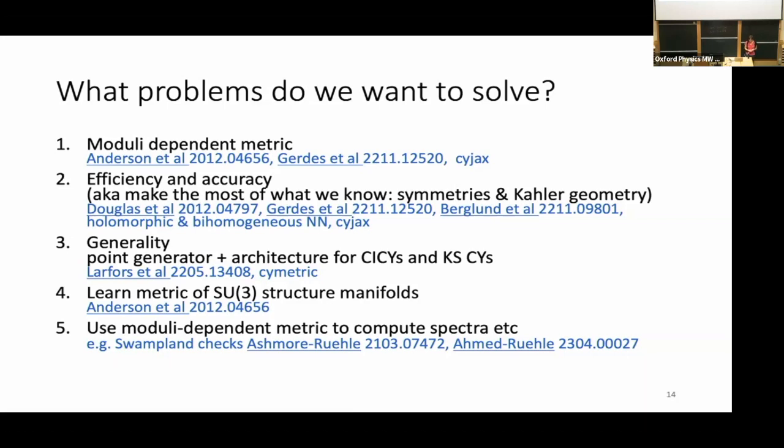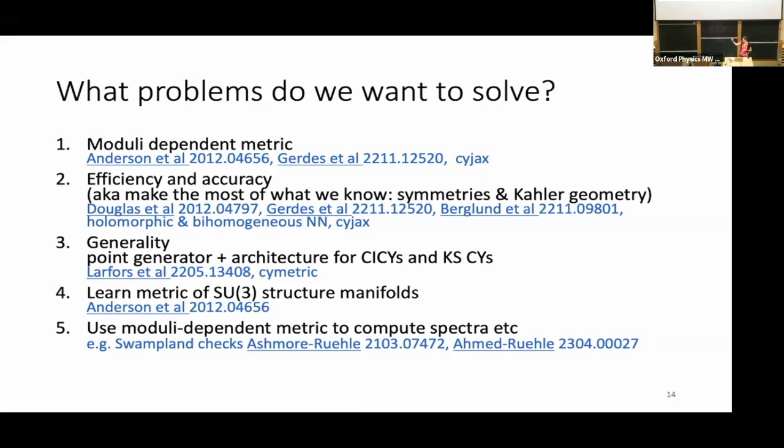So here I just wanted to list a few recent references using machine learning where these kinds of questions are discussed. So for example, the moduli dependent metric has been discussed. It's a main target of the CY-JAX package to do moduli dependence, in particular for the quintic, but with the aim of generalizing it beyond that in the future. To be efficient and accurate is something that's targeted by all packages, of course, but perhaps in particular by Yidis and Douglas papers and CY-JAX as well.